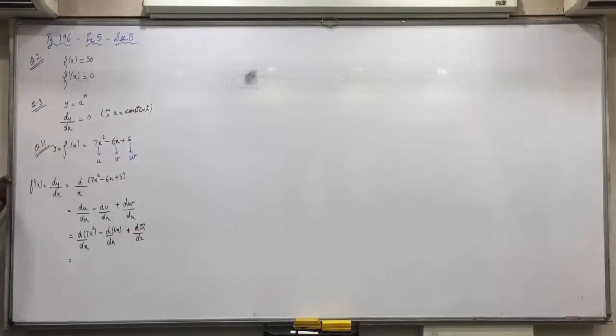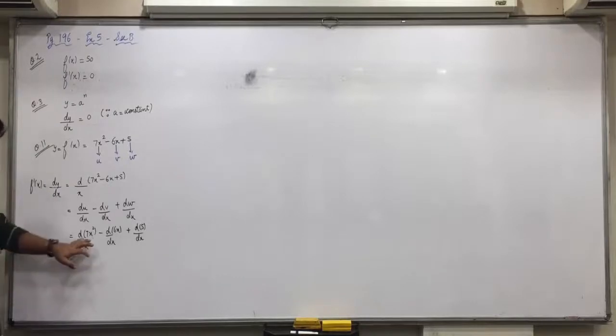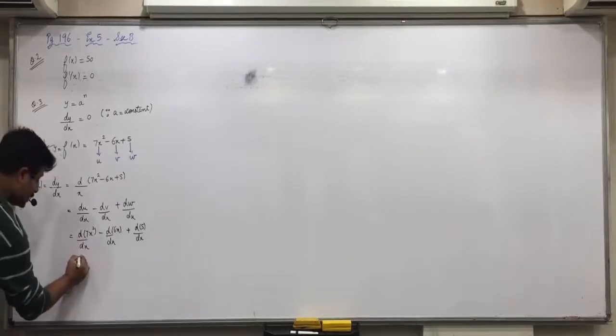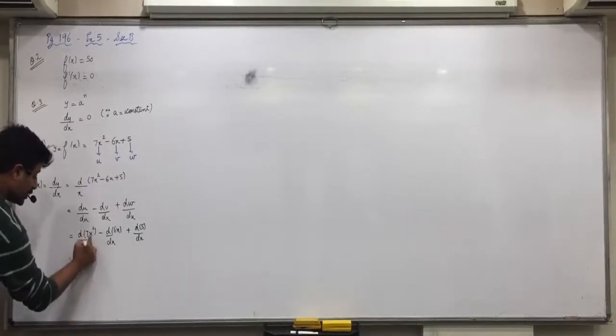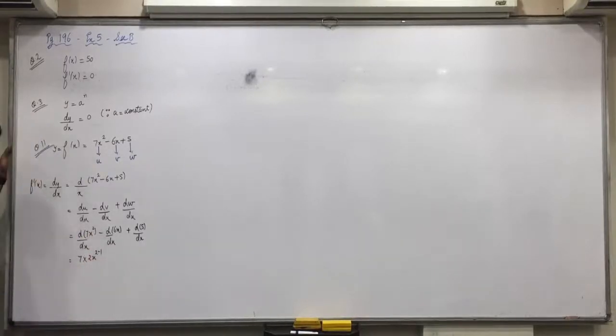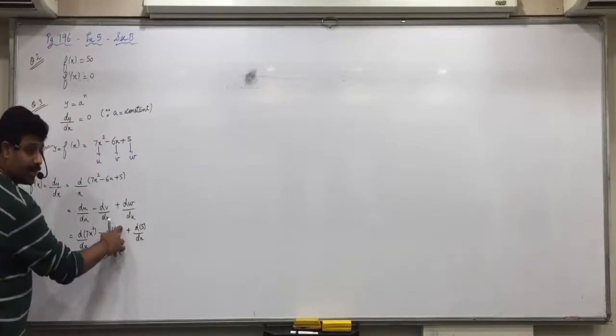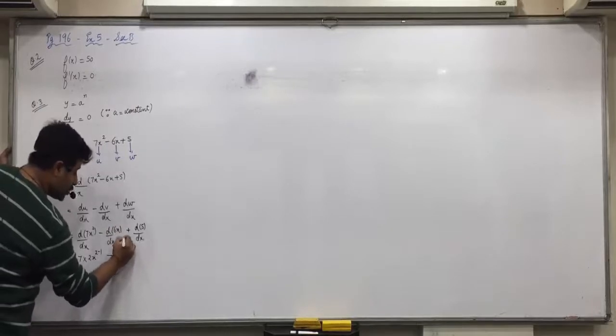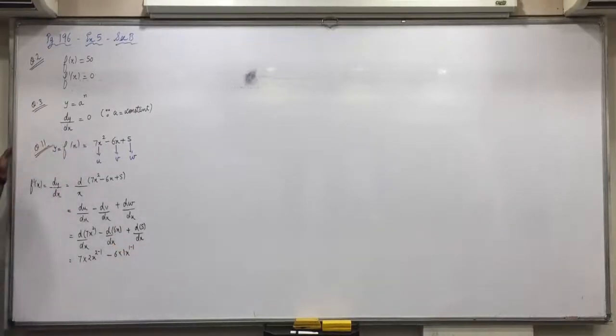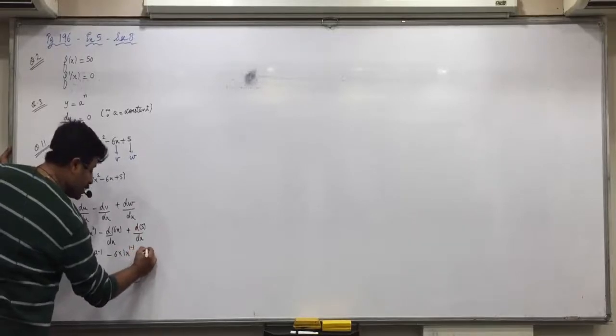Any confusion in this? Now, this we will apply the rule nx raised to n minus 1. As we studied without the definition, x raised to n, dy by dx is nx raised to n minus 1. 7 remains as it is. X raised to 2, what is n? 2, x raised to 2 minus 1, minus 6 into, what is the power n? 1, x raised to power 1 minus 1, and the constant number's derivative is 0.